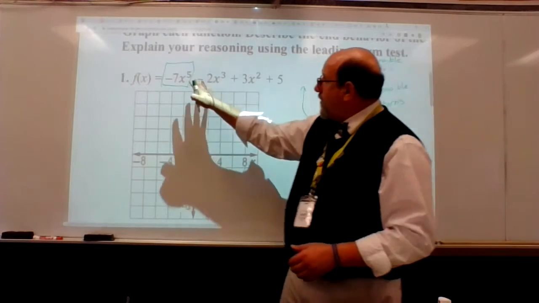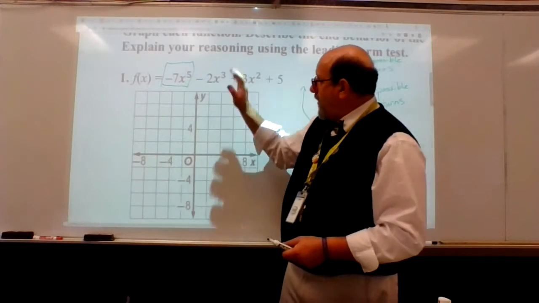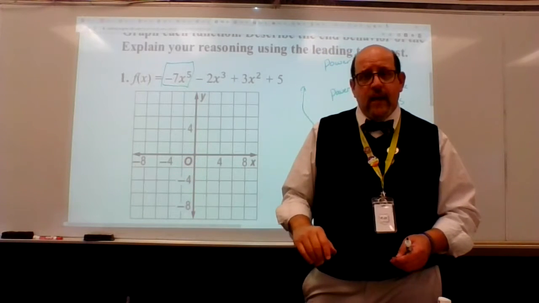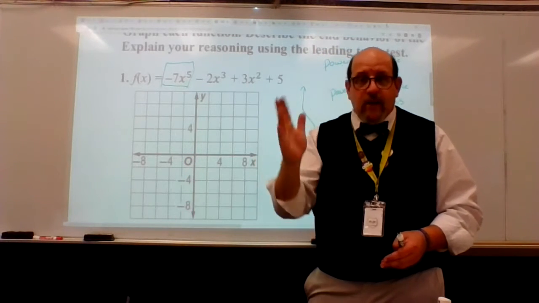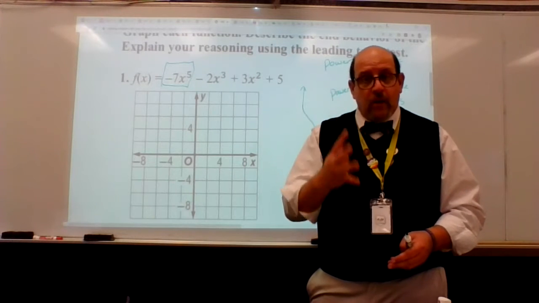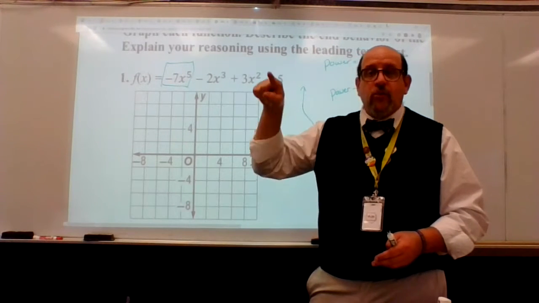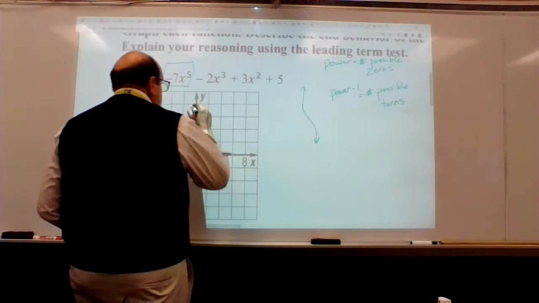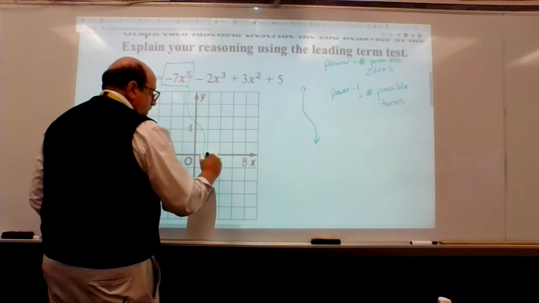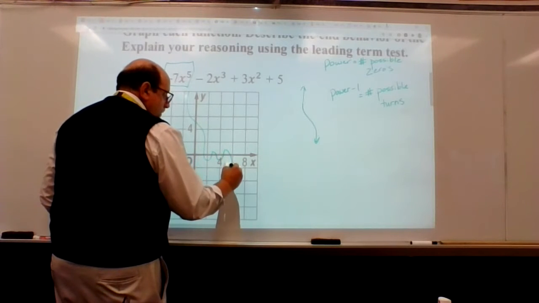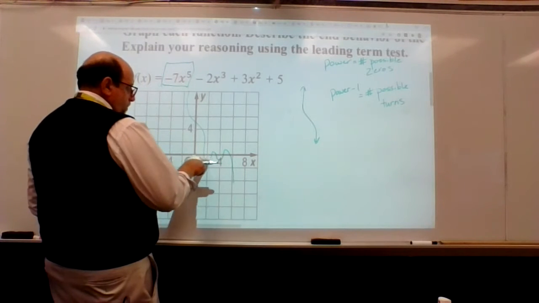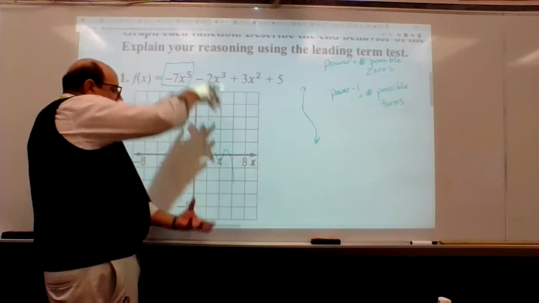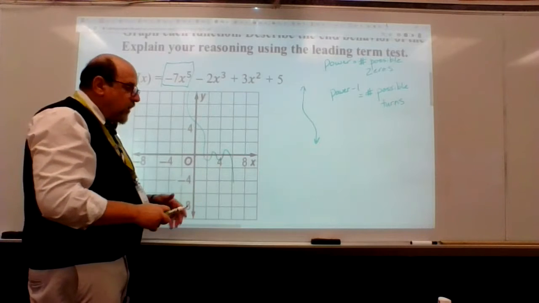So this function has a possibility of touching the x-axis 5 times, and it could possibly turn back and forth 4 times, right? Because it'll turn once, it'll turn back. It'll turn once, it'll turn back. So in essence, this function could very well do this, and that, right? 1 turn, 2 turns, 3 turns, 4 turns. It could look like that. These could be stretched. It could look like that.